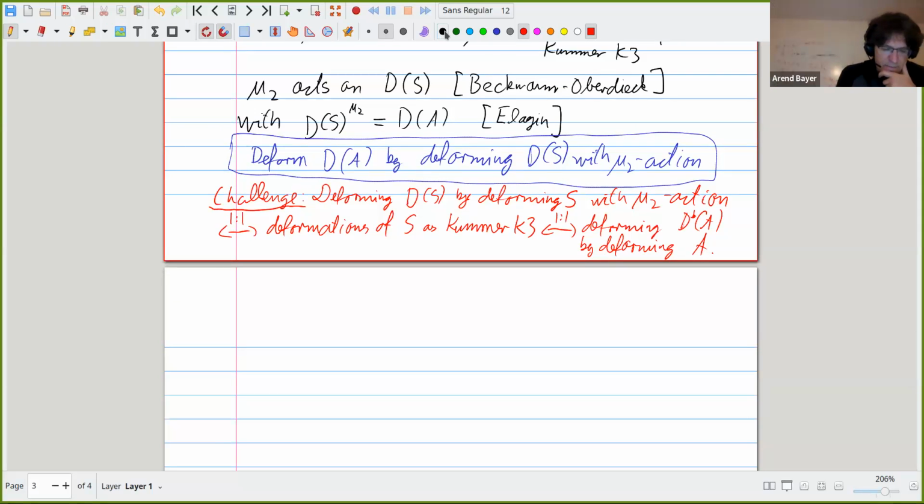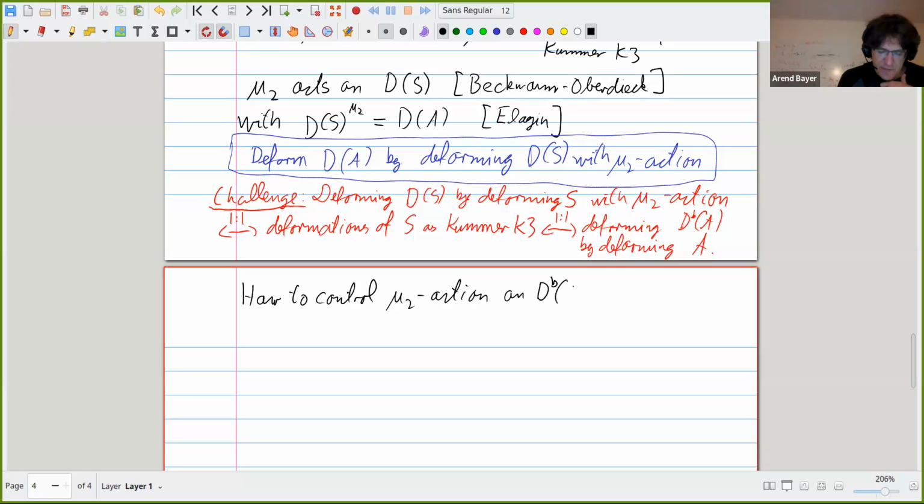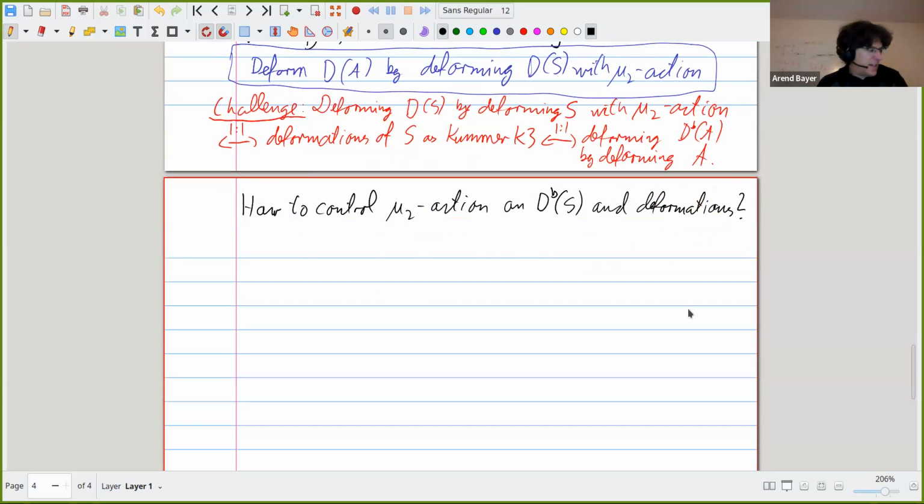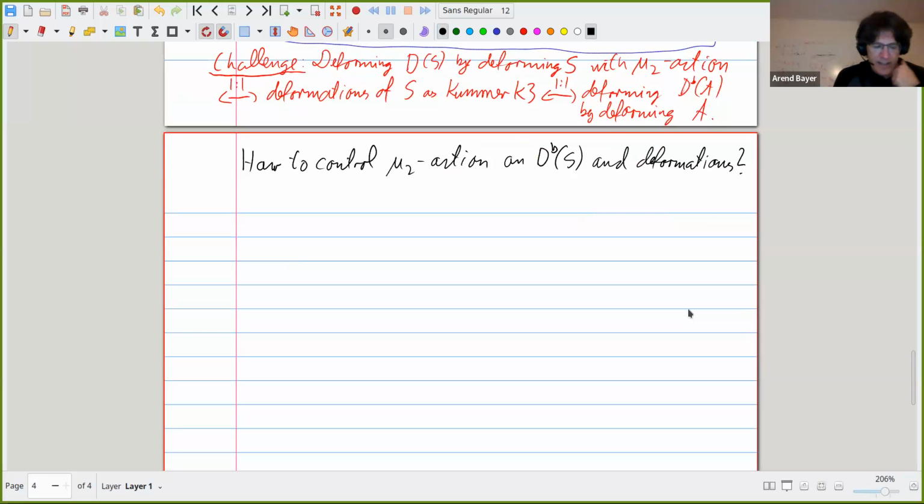Okay, so the question is really how to control this mu2 action on D^b(S) and whether it deforms. Right, and here I want to recall a little bit the classical theory of Kummer K3s.